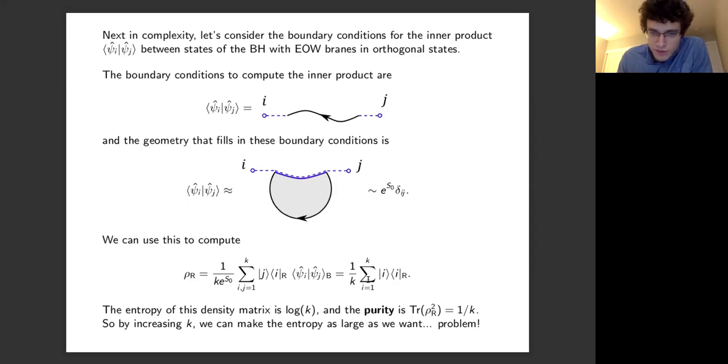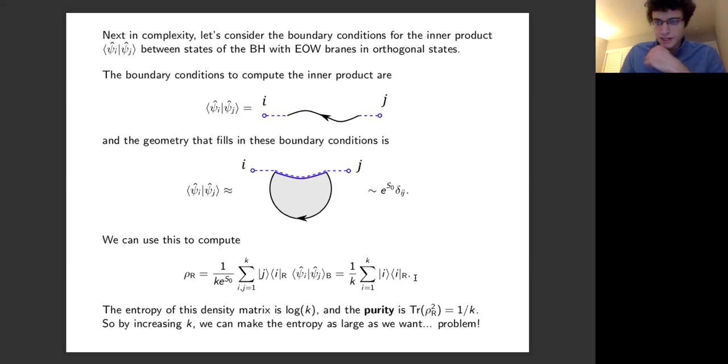And we've succeeded in computing the density matrix now. And what is the answer that we got? Well, we found that this density matrix is 1 over k times this sum over k different orthogonal projectors. So it's a maximally mixed density matrix. It's proportional to the identity matrix.